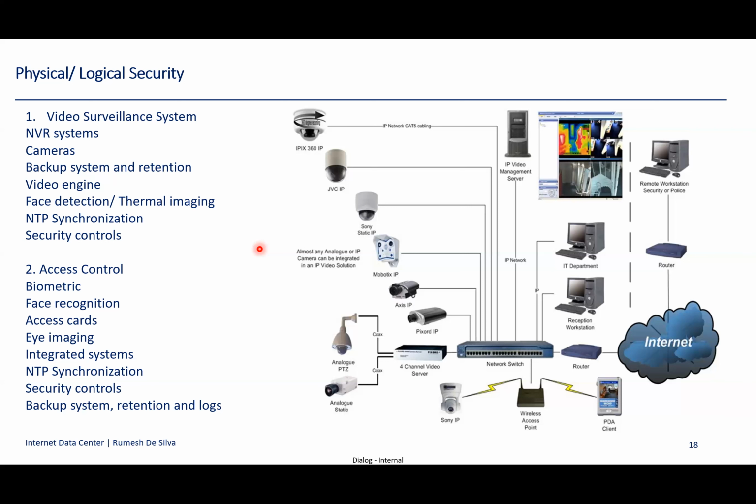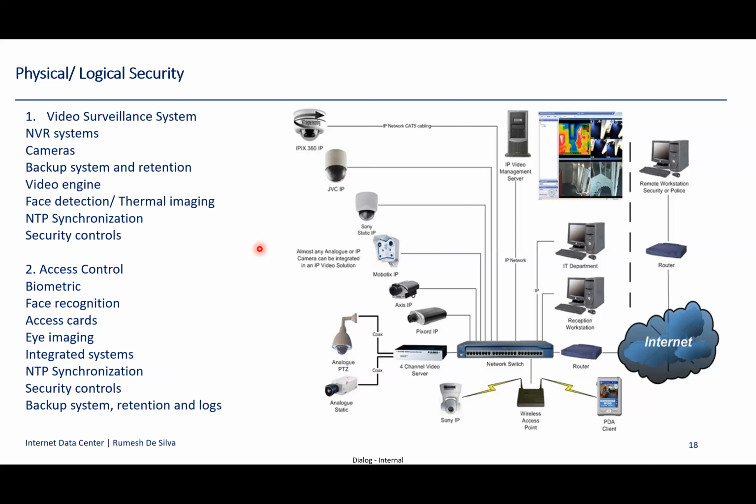And in the video surveillance system, it's related to video engines as well. What it does is actually, if someone is putting their thumb inside the biometric device more than three times, it will recognize that this is an unauthorized person trying to access the data center.